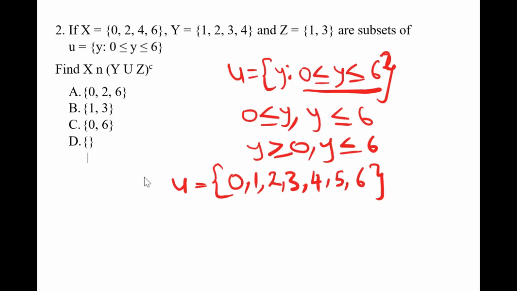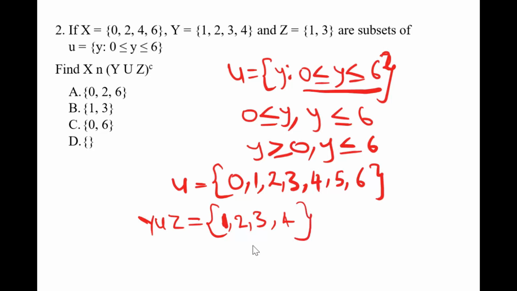But the question asks us to find X intersection (Y union Z) complement. Let's take it bit by bit. Let's find Y union Z. Y union Z is writing down the elements in Y and Z without repeating any. So I have 1, 2, 3, 4.